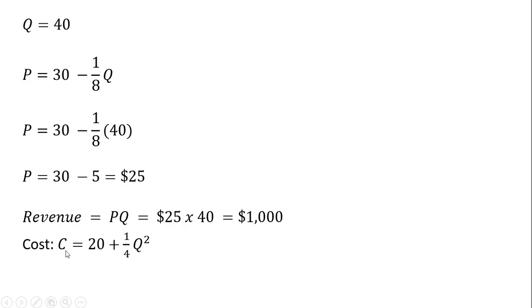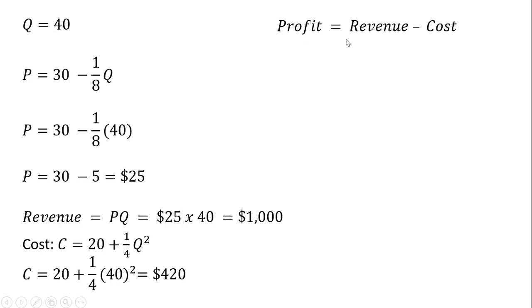And to calculate the cost of producing these 40 units, we're going to take our cost equation and plug in 40 for Q. Simplifying, our total cost is going to be $420. And finally, profit is just revenue minus cost. So 1,000 minus 420 leaves this monopolist with a profit of $580.